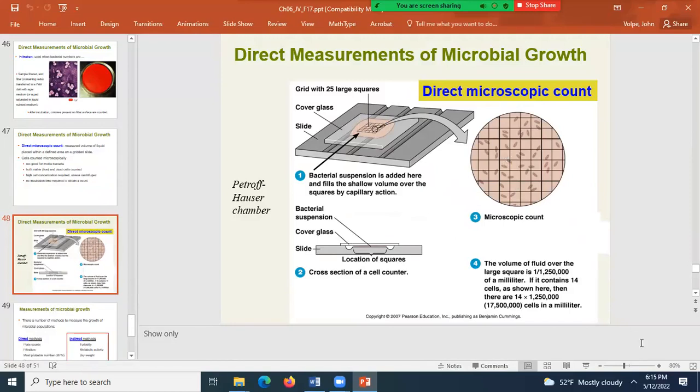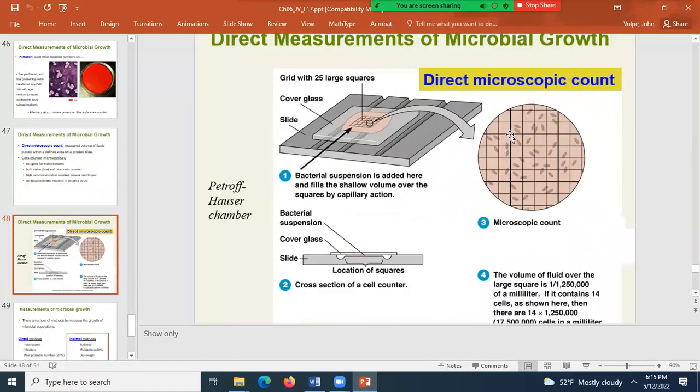And so what you do is you count the number of cells in this big square here. And then usually you multiply the number of cells here. What would that be? Something like 20. You take 20 cells and then you multiply by 10 to the 6 because this is taking 1 microliter or something like that.